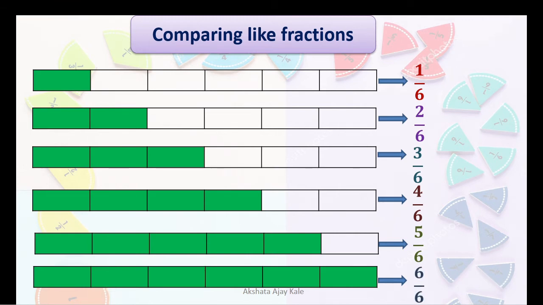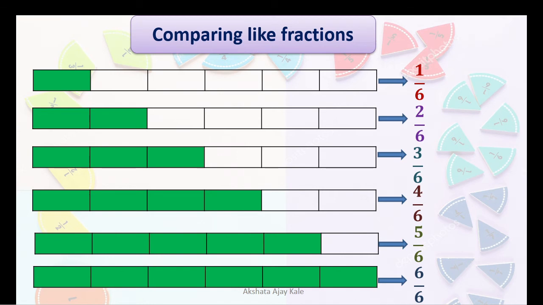Got this, children? Here we are increasing the colored part. In the first one only 1 part, then 2 parts, 3 parts, 4 parts, then 5 parts, and all the 6 parts means the whole figure is colored. Whole figure means 6 upon 6. That is nothing but full color.